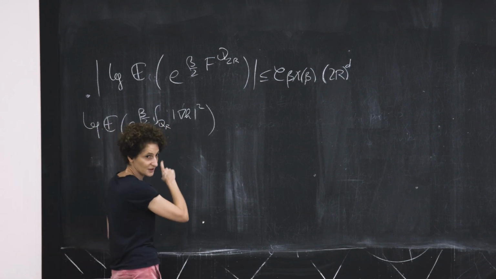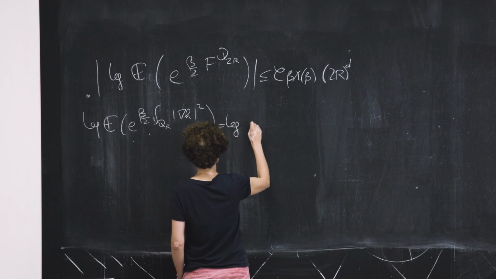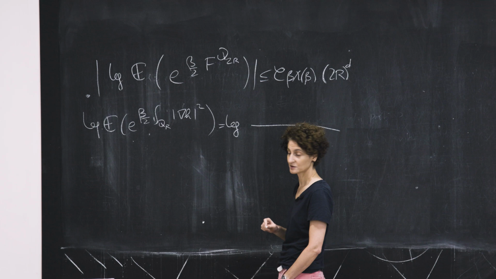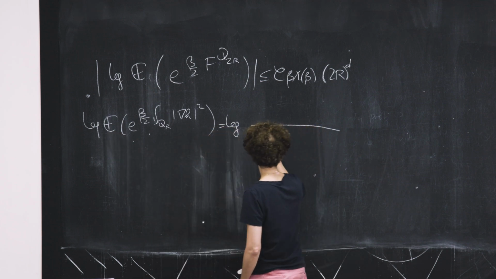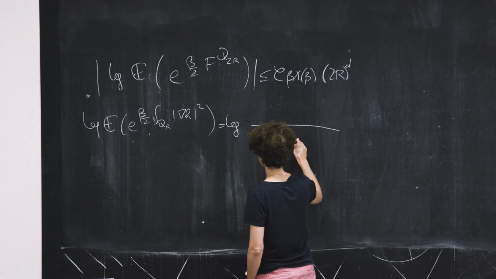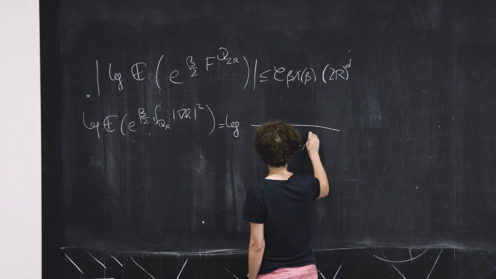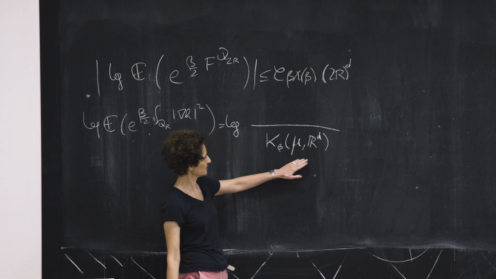And now let's just write out the definition of this, right? So this is the log of a ratio of two things. So in the denominator, we put the partition function, because this is the expectation. So I can write k beta of mu. And let me add in R^d for reference, so it means it's the original thing on the whole space.